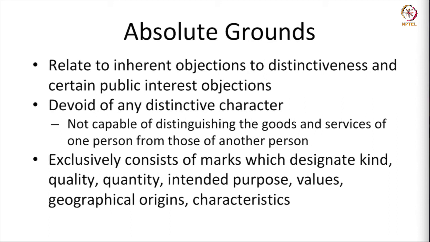Similarly, when the marks exclusively consist of things that designate kind, quality, quantity, intended purpose, values, geographical origin, characteristics, the mark will not be granted a registration, because these are things that are common to every good or service in that industry.